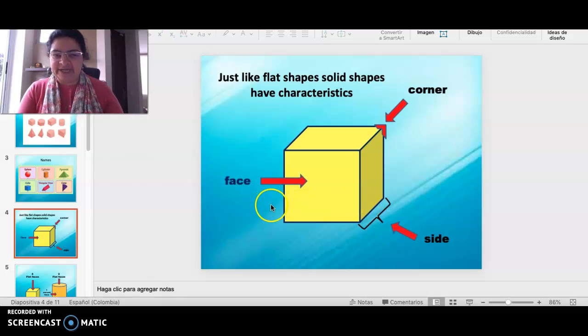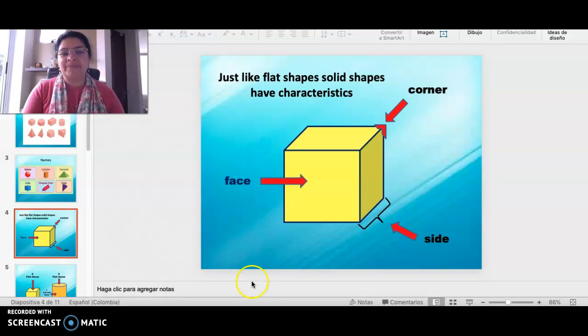On the other side here, 10, 11, and 12 and 13. Oh, no, people. So, what are you going to do? You are going to look for a cube near your home or in your home, and you are going to count how many faces it has, and how many corners, and how many sides, okay?